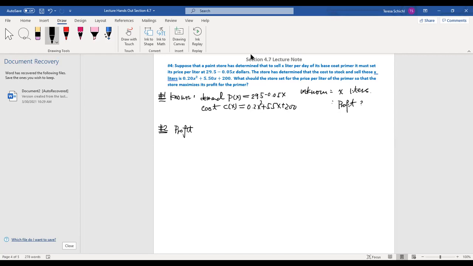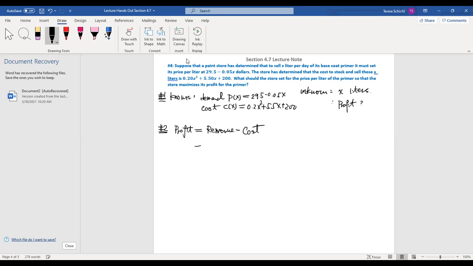The profit is your sales, so it's revenue. The profit will be your revenue minus the cost.